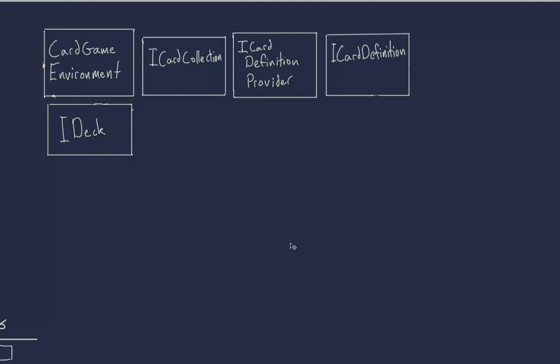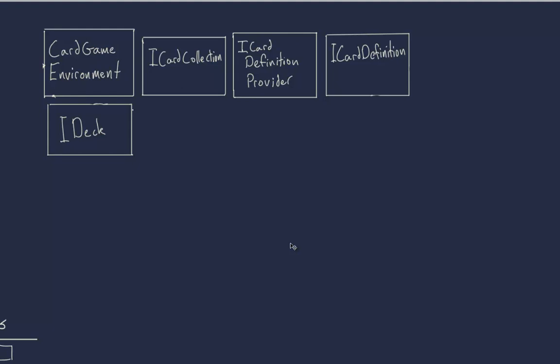So the iCard definition provider is really interesting because his responsibility is to spit out iCard definitions and shoot them all the way back to the card game environment. So the card game environment has this collection of iCard definitions that are provided by the iCard definition providers. Now the iCard definition providers are interesting because, like I said, they spit out objects that implement iCard definition, and they can do so with any means that they deem necessary.